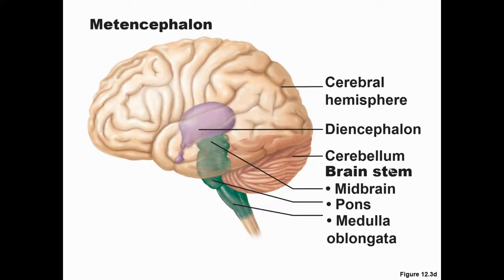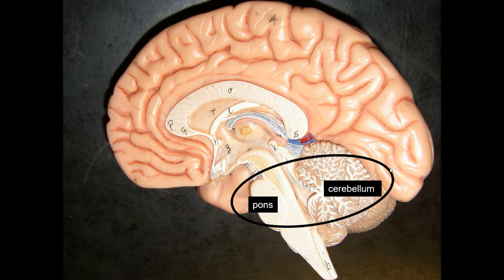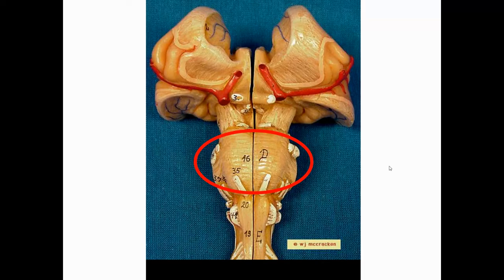Let's look at the metencephalon. So the metencephalon has two parts to it, the pons and the cerebellum. Well, the pons doesn't have much going for it in the model. Now, we will see some cranial nerves that attach here, but for now, that's just what we're going to call it, the pons. But the cerebellum, remember, is the second largest part of the brain.